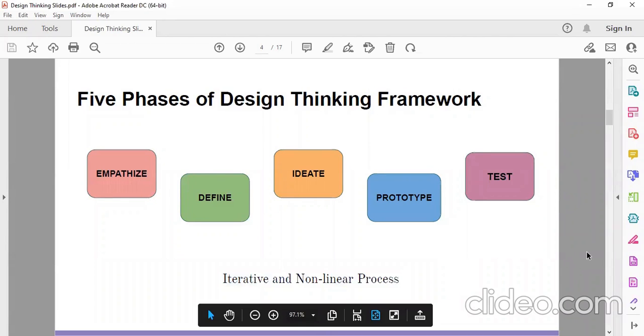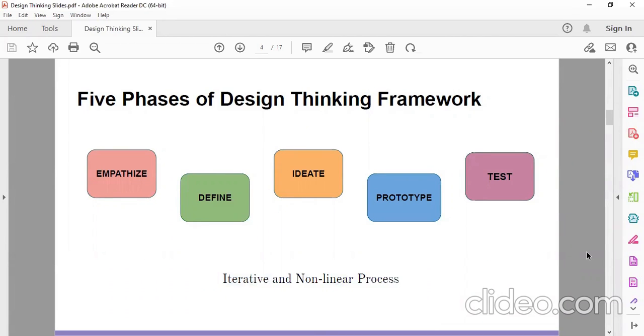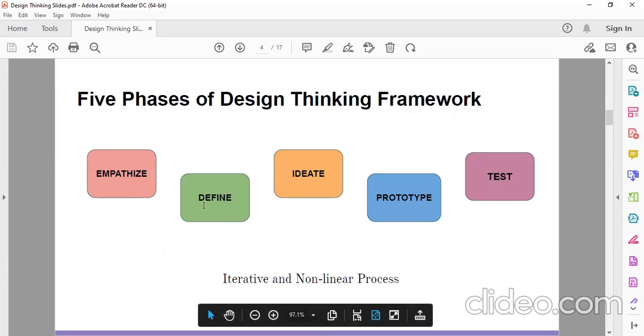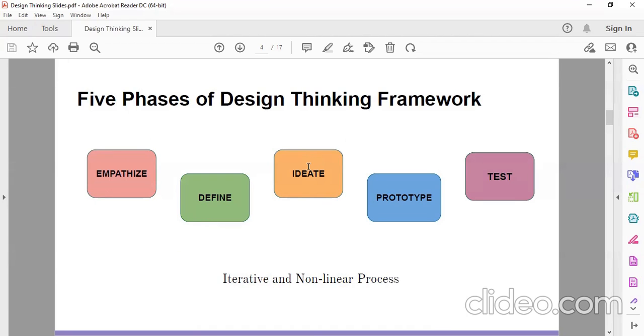This is not something that goes on in a linear manner. I mean, this is not something that goes on step by step. Of course, it goes on step by step, but again, we can return to the previous step, right? From the prototyping, we can return to the empathizing, we can return to defining. From testing, we can come again to define, we can come to the ideate step. Likewise, we can carry out these stages in parallel.